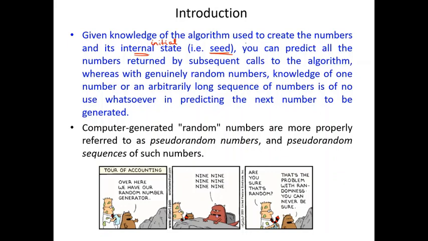If I know the seed value and the deterministic algorithm used to generate the random numbers, then I'll be able to predict all the subsequent numbers coming out of the random number generator. You have seen it happening in the labs also.